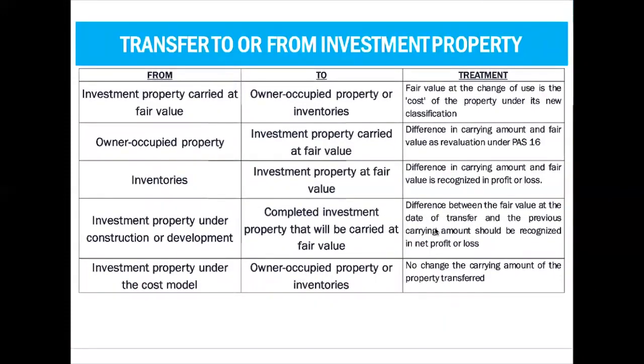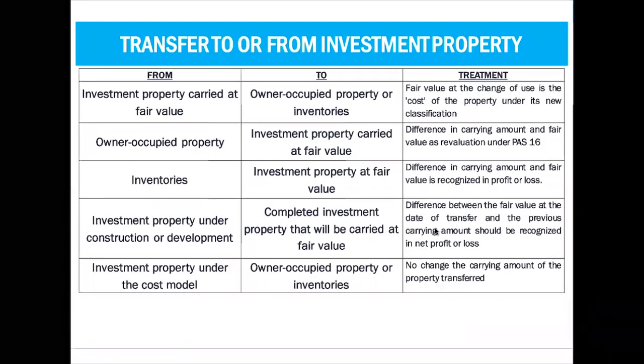Okay, so we have here transfers to and from investment property. So either from investment property to other items or from other items to investment property. So we have here from investment property to owner-occupied property or inventories.